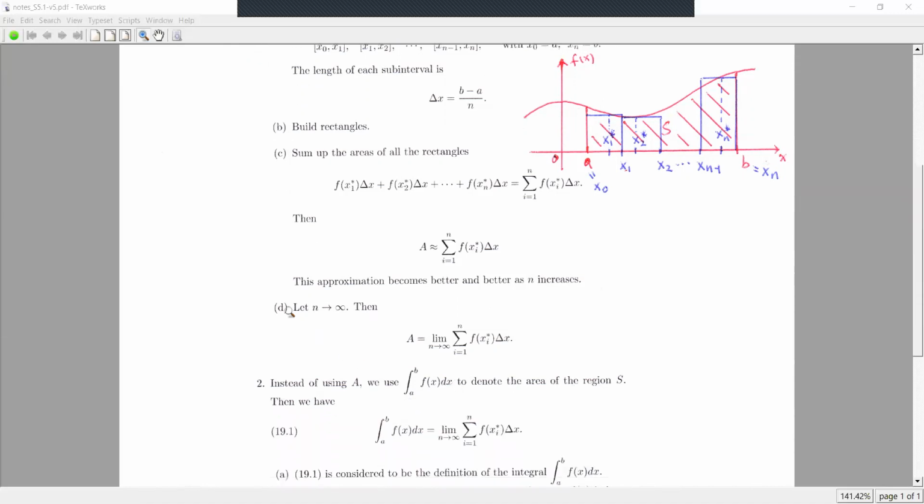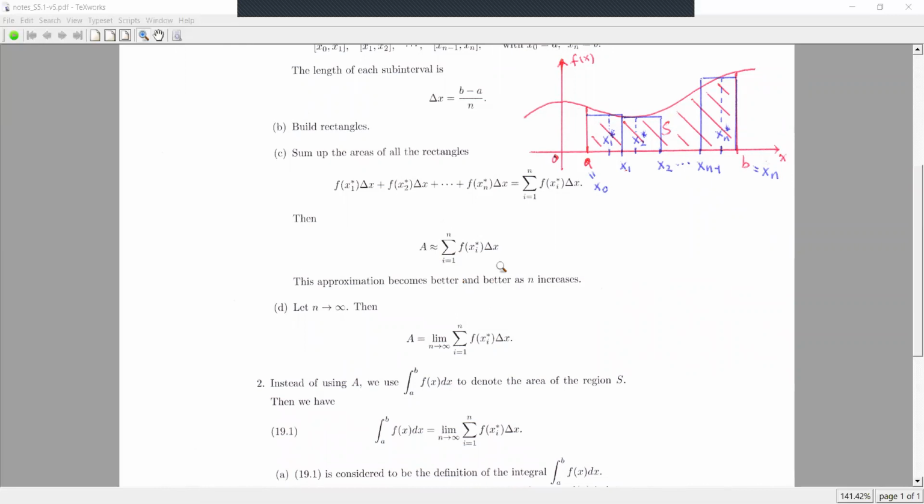Now, step 4. To make this approximation into an equation, we need to take a limit. We need to increase the number of the rectangles to infinity. Then the sum of the areas of the rectangles will approach some number.